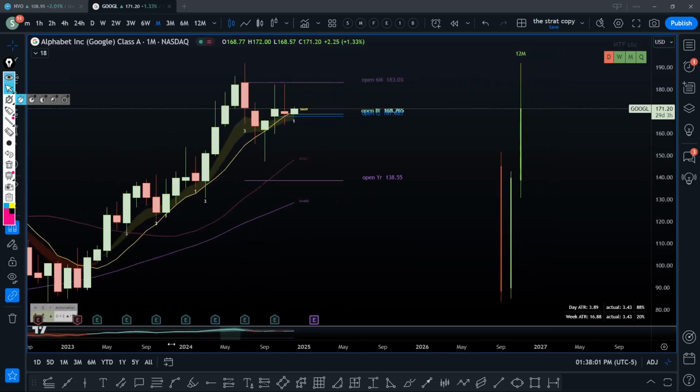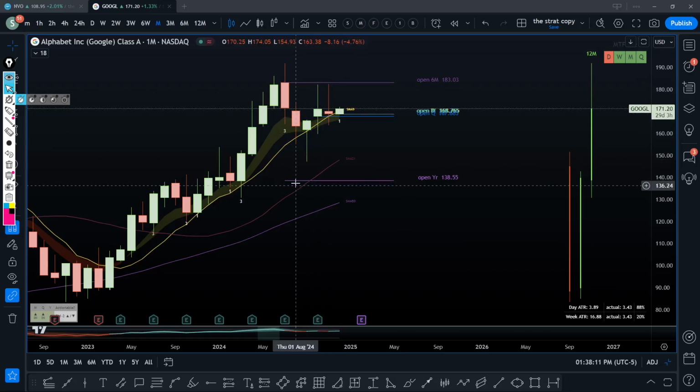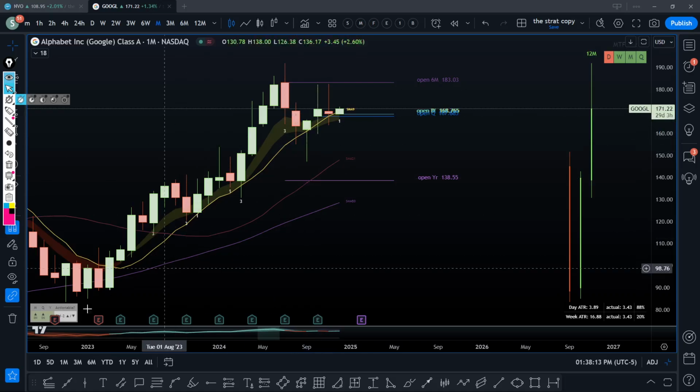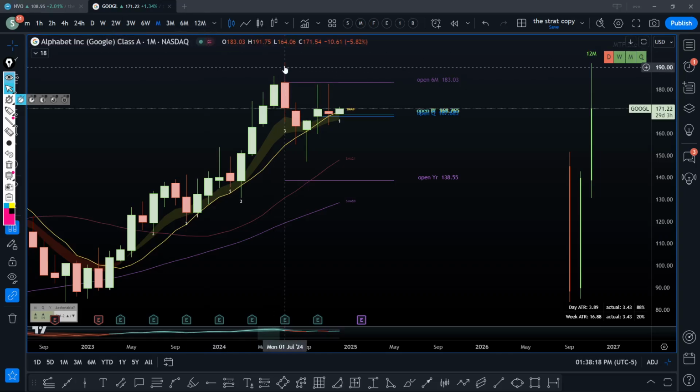So Google has been in the range, it looks like, for the last 2 months. It can kind of break above the 6 month opening, but we do have consecutive higher lows on the month.